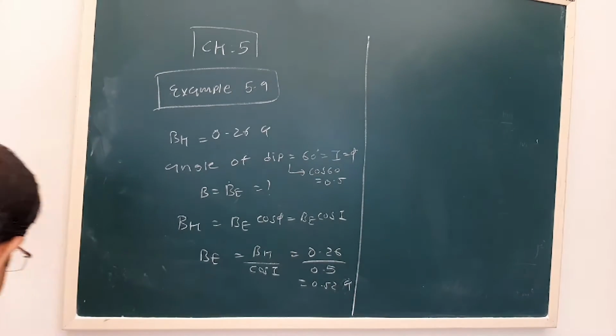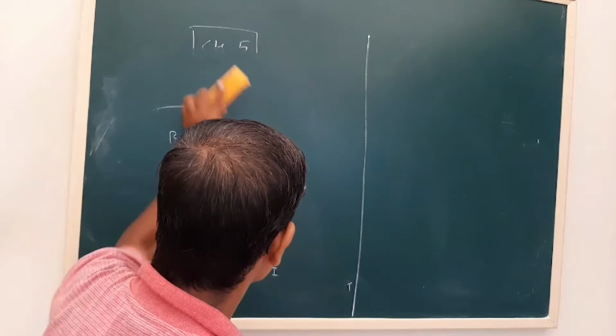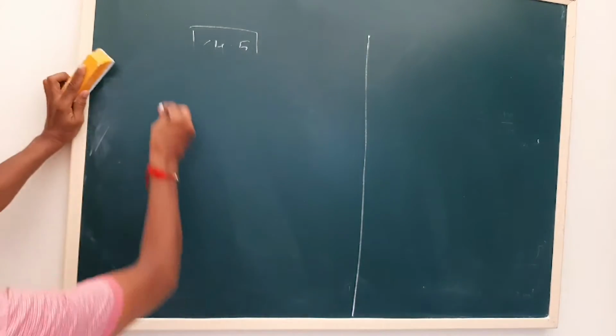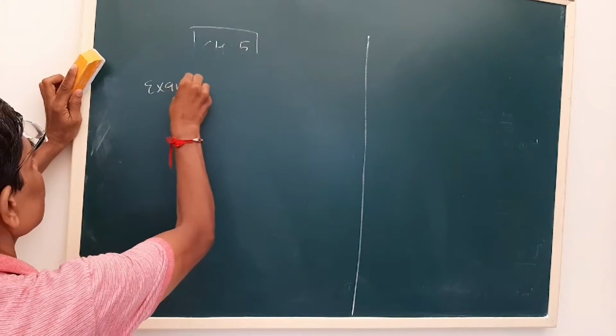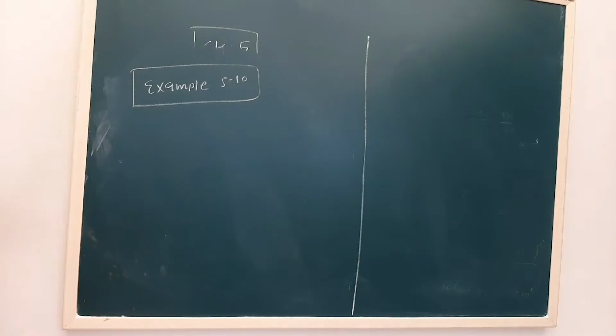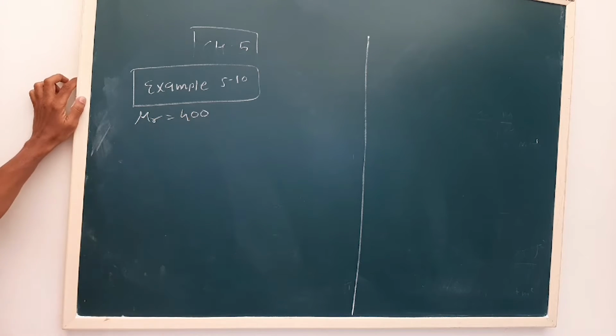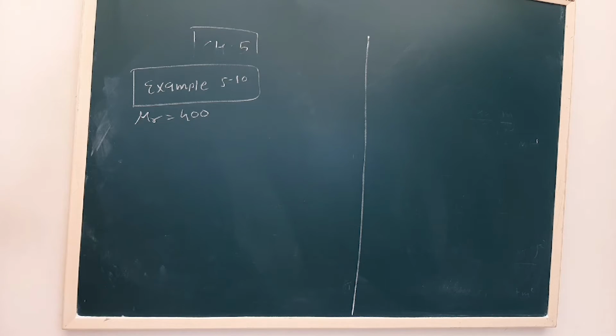Now see our next example, number 5.10. A solenoid has a core of material with a relative permeability. We know relative permeability mu r is 400. The winding of the solenoid is insulated from the core and carries a current of 2 ampere.